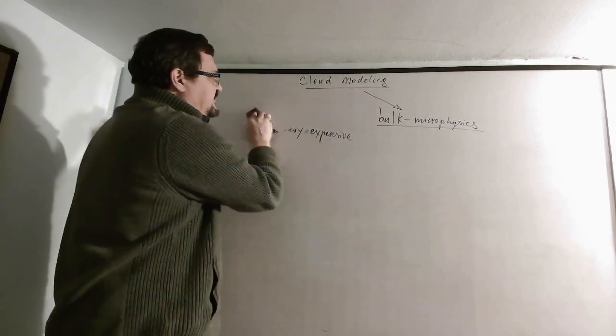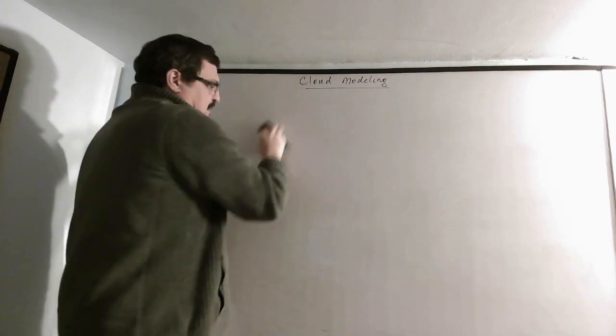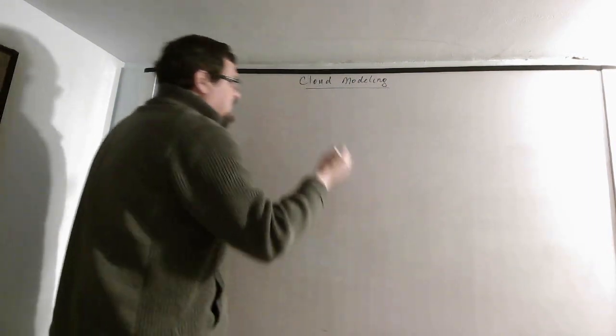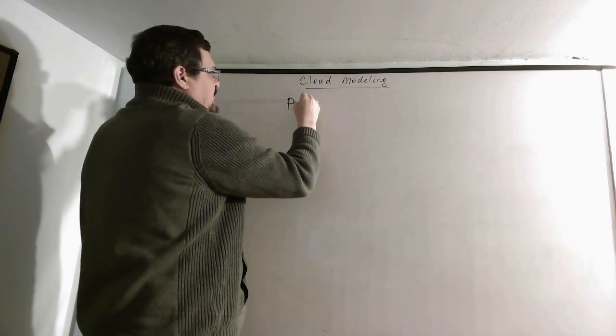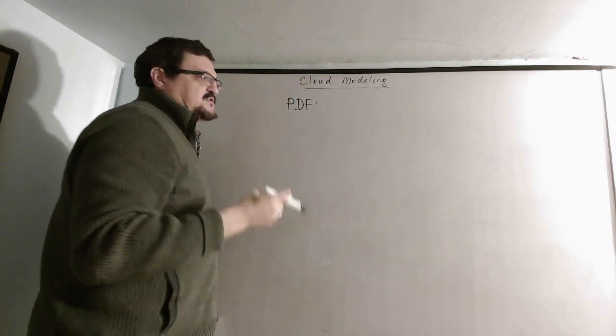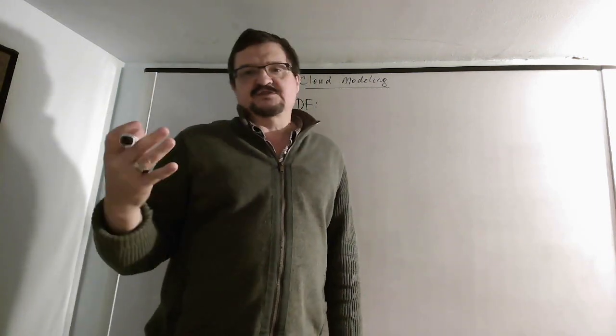So bin microphysics. For bin microphysics, as I mentioned before, you predict a PDF, or probability distribution function. It's basically the concentration of particles as a function of size.